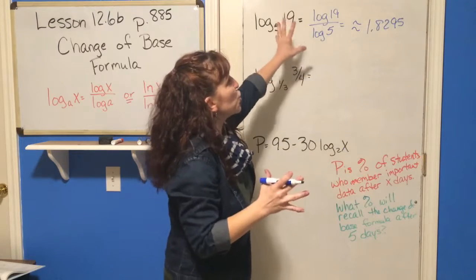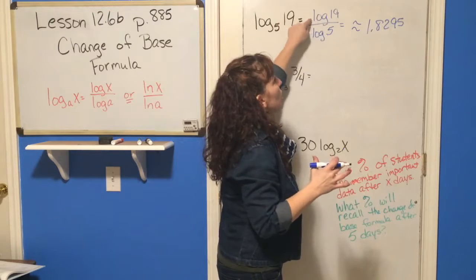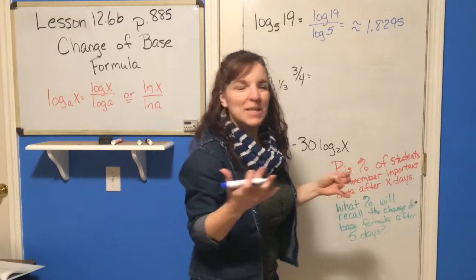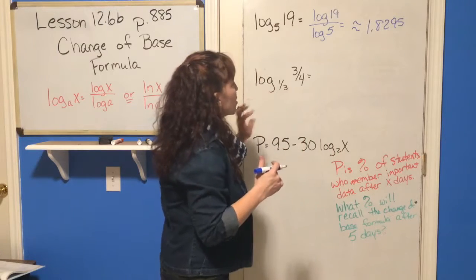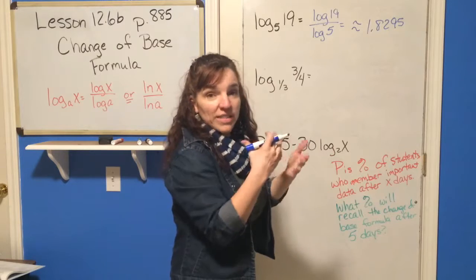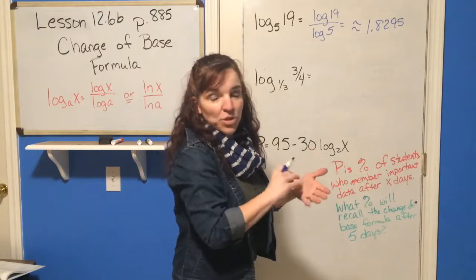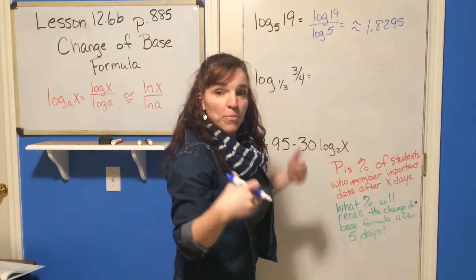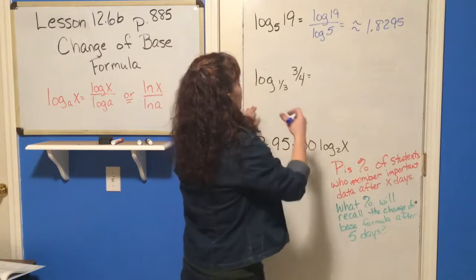So if they're whole numbers, it's super easy. 19 log divided by 5 log equals. Now, if you've got fractions, it's a little bit trickier. If you have a scientific calculator, you simply type in the fractions and press equal. But if you don't, it works just the same way.